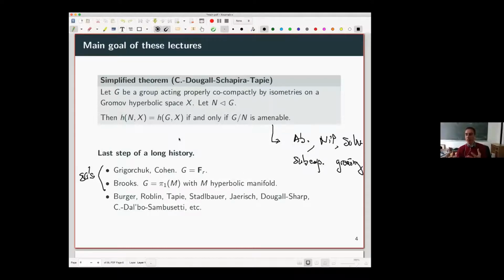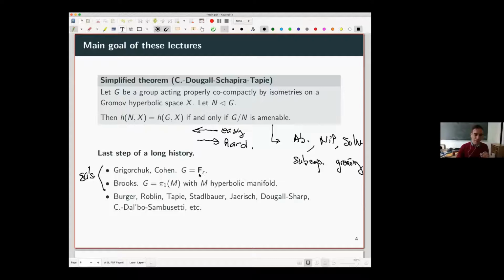On the other hand, saying that a quotient is amenable is very rich information. So a priori there is an easier direction: going from amenability to the equality of growth rates is supposed to be the easy direction. We'll see that sometimes it's not that easy, but it's supposed to be the easy direction. On the other hand, if you only have the information that two numbers are equal, and you want to deduce that a certain quotient is amenable, that's a much harder problem. That is the hard direction.